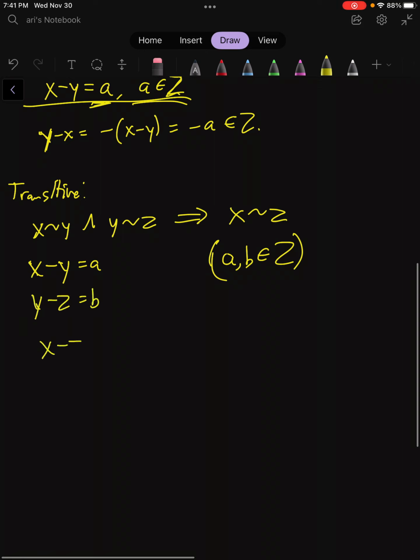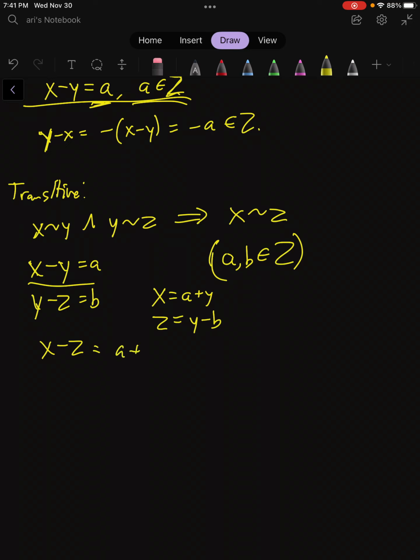Then x minus z. You could do algebra here. You could say x equals a plus y from this equation, and z is equal to y minus b. So x minus z equals a plus y minus y plus b, which equals a plus b, which is an integer, because a and b are both integers.